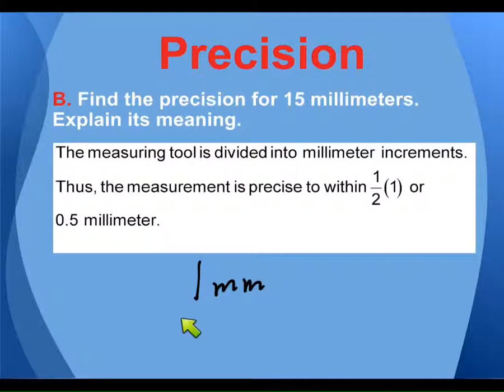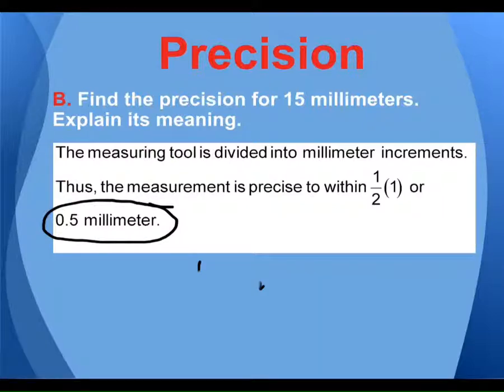So we always take whatever the smallest measuring unit is, in this case 1 millimeter, and we always multiply by half. So the precision is half of a millimeter because we took 1 millimeter times a half. It's always times a half. The explain its meaning part is give me the range it's precise within. To do that, we take 15 minus 0.5 of a millimeter and 15 plus 0.5 of a millimeter.